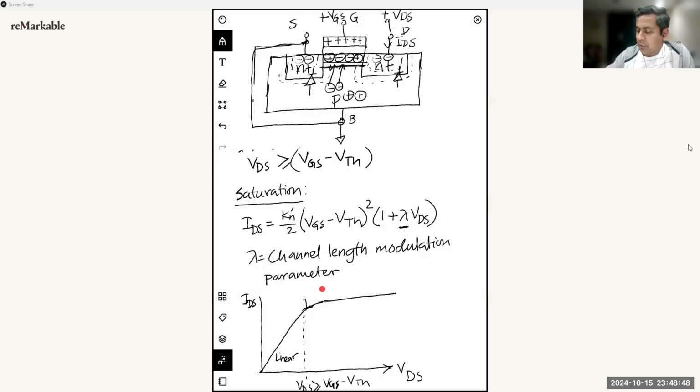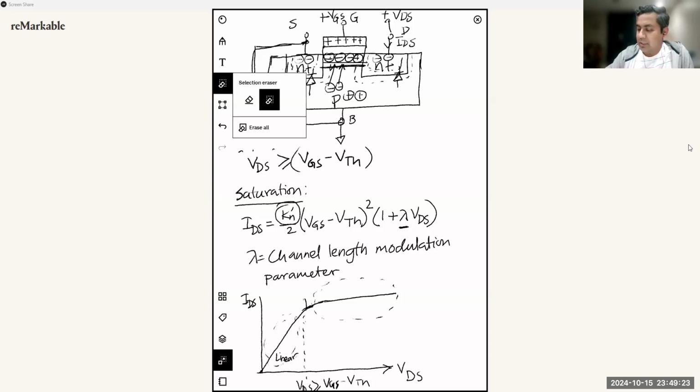And that slope will give you the value of lambda, and that part of the derivation is also in the textbook. So you can read through that to understand how to derive that from the plot. And just like what we discussed with the Kn prime value, which is the transconductance parameter, we can find that from the slope in the linear region. So those are two of the parameters that we need to find.